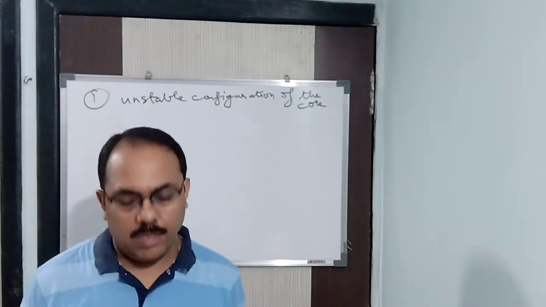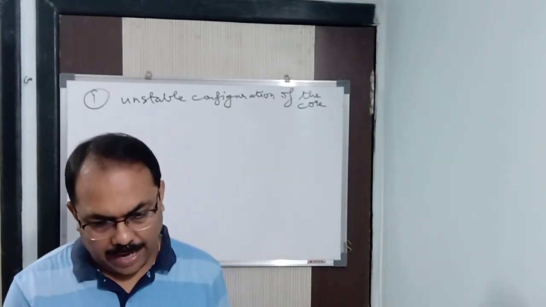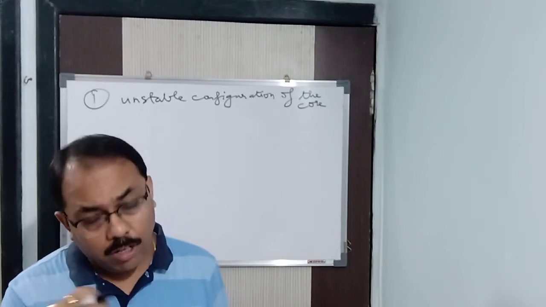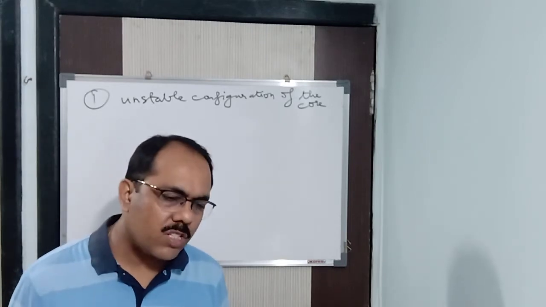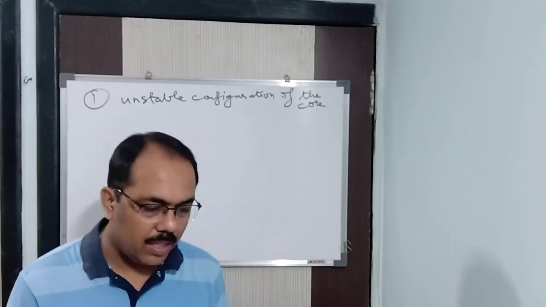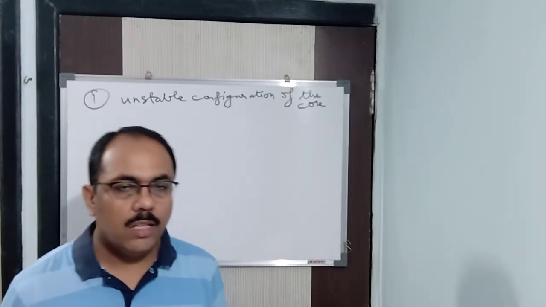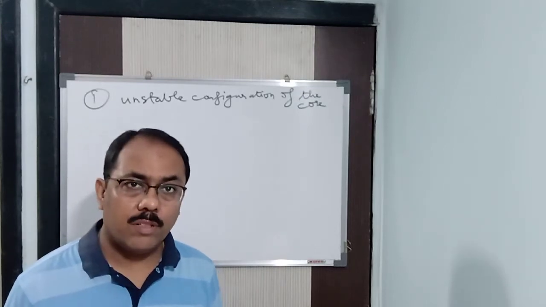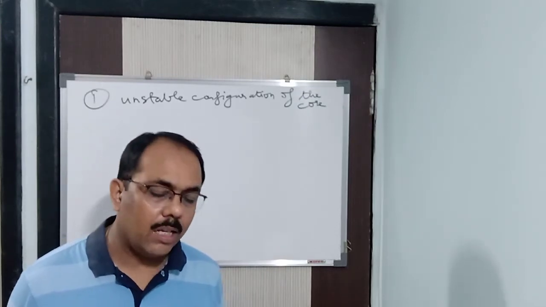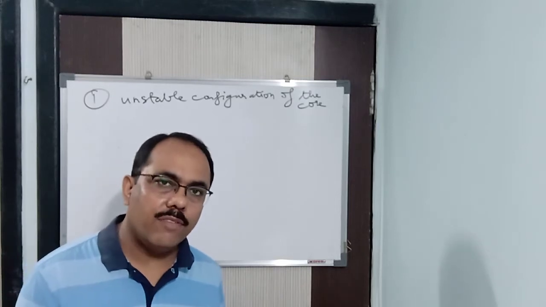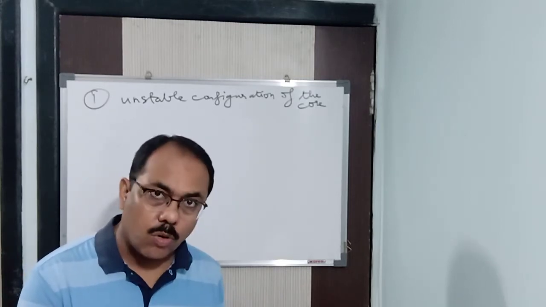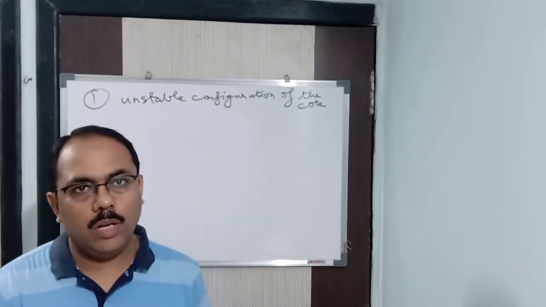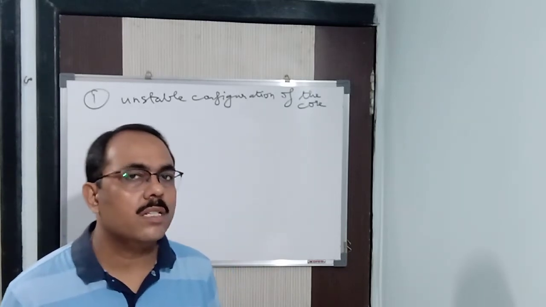The remaining atom after losing electrons, the one left along with the nucleus, is called the core. Otherwise, core means the inner part basically, but here we mean this. After the loss of electrons, whatever is left, rather it's not an atom, of course, it is an ion, whatever ion is left with the nucleus is called the core, and that core is unstable. Due to the unstable configuration only, it further loses electrons to form a stable configuration.